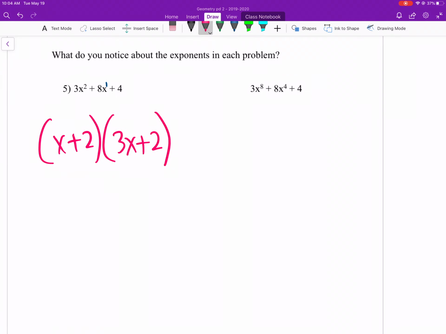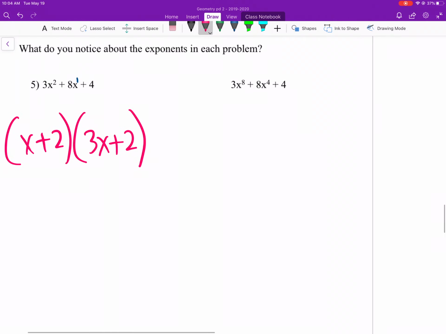Now over to the right, this looks like the exact same problem. 3x to the 8th plus 8x to the 4th plus 4. However, instead of going from 2 to 1, we go from 8 to 4. But it's still the exact same idea here.